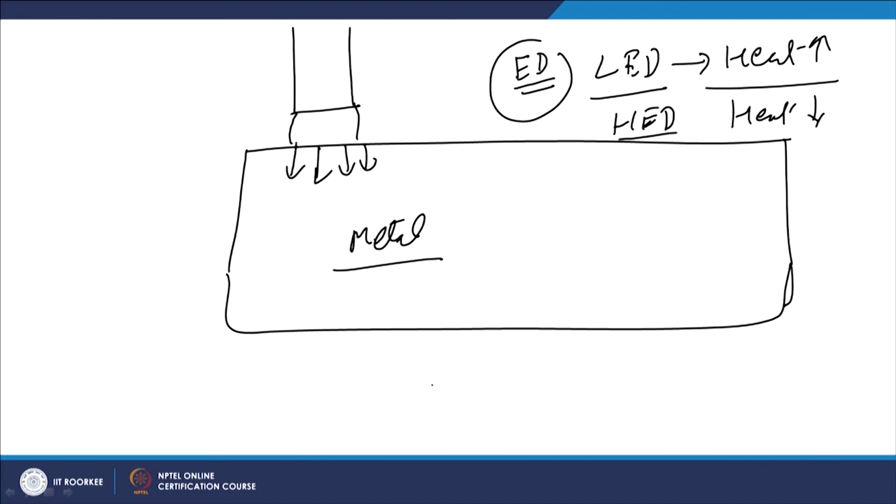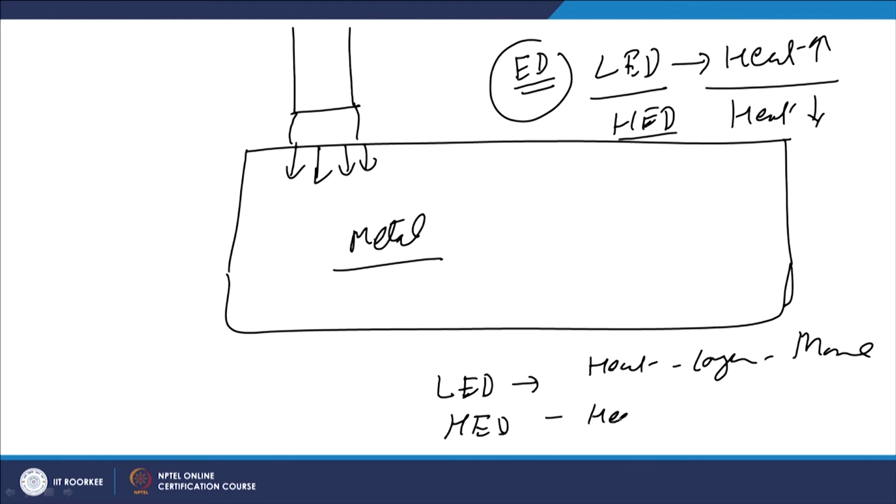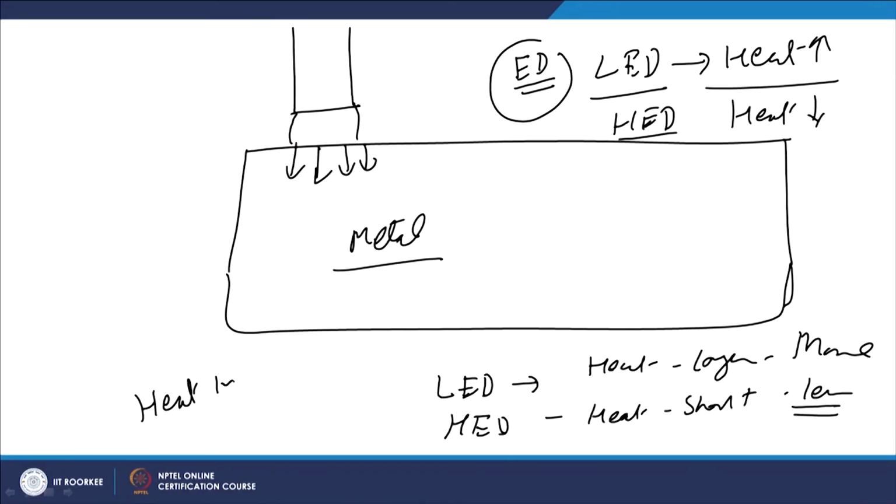So, in low energy density processes, a given amount of heat takes longer, and that is why more heat is needed, and in high energy density processes, a given amount of heat takes a short time. So, actually it requires less heat, because the heat dissipation to the substrate is reduced, and we know that when the heat input is reduced, this reduces the volume of the substrate melted.